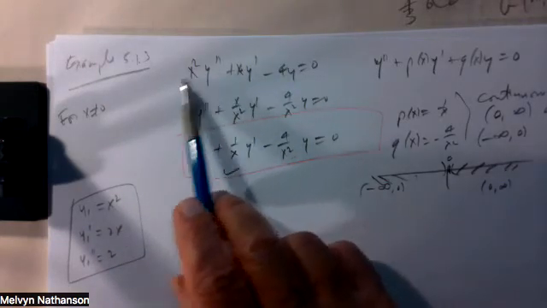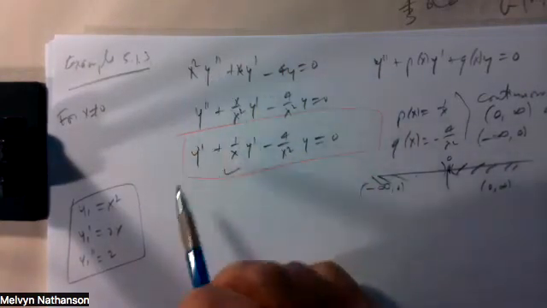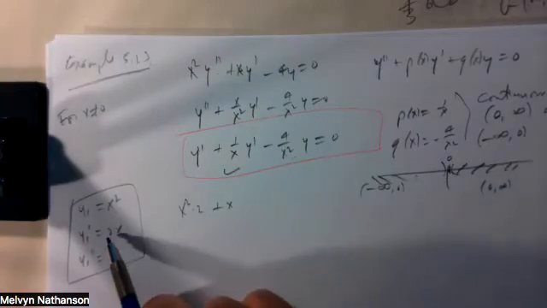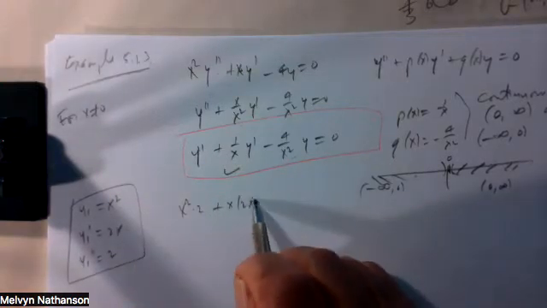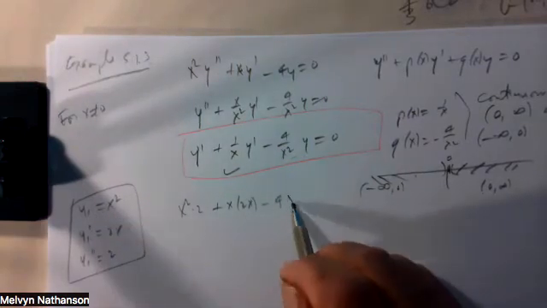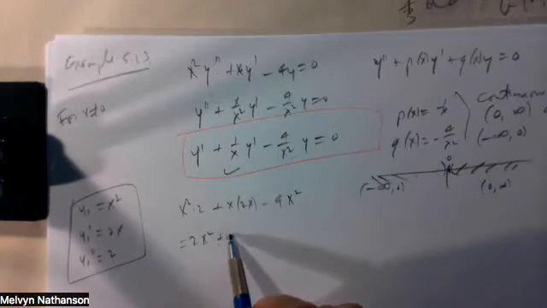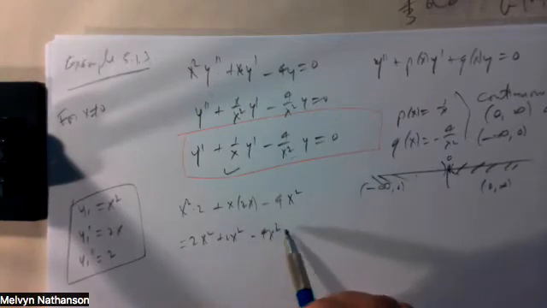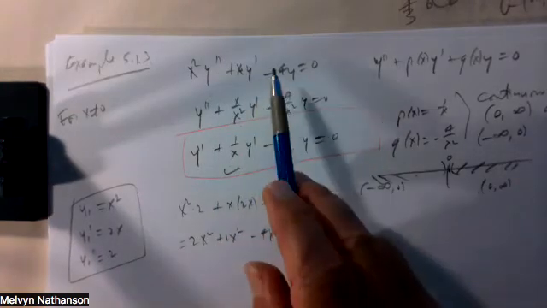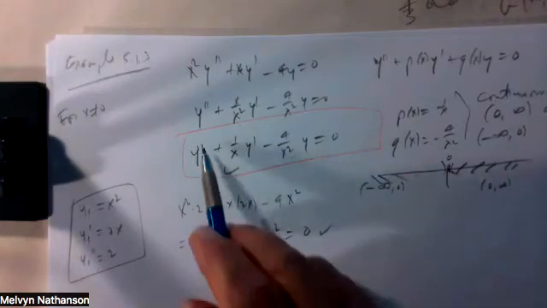If I plug it into the original equation, I get x squared times y double prime, which is 2, plus x times y prime, which is 2x, minus 4 times y1, which is x squared. So this is 2x squared plus 2x squared minus 4x squared. That equals 0. So this function solves the first equation. And if I put it into the second equation, we would also get a solution.